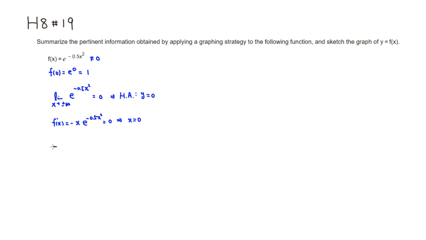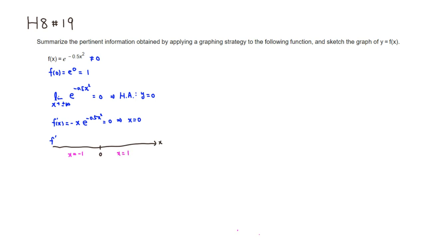If you do a number line here, with x equals 0, and we look at the sign of f prime, let's find a sample point. Anything less than 0, try negative 1. Anything bigger than 0, we're going to try 1.